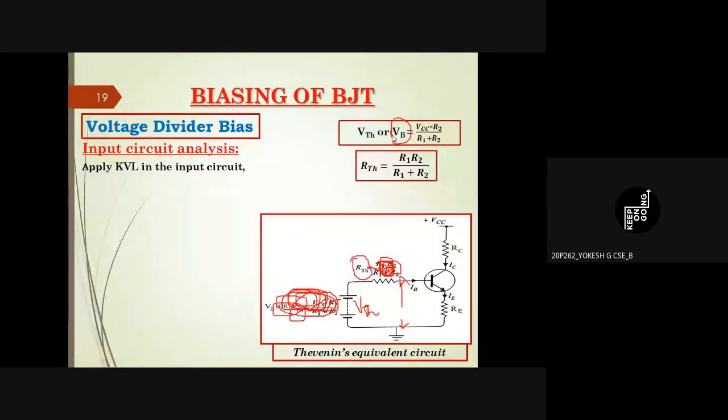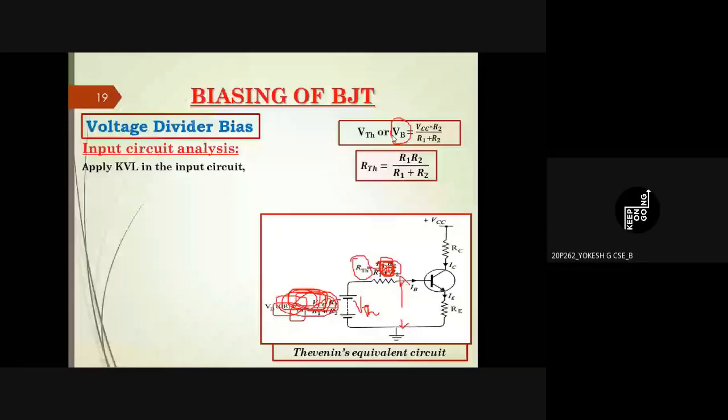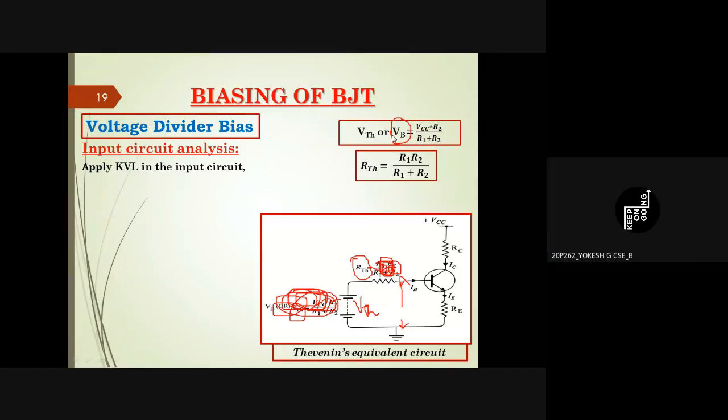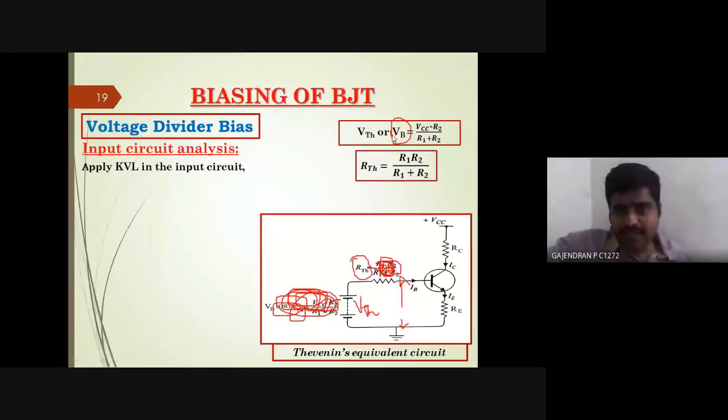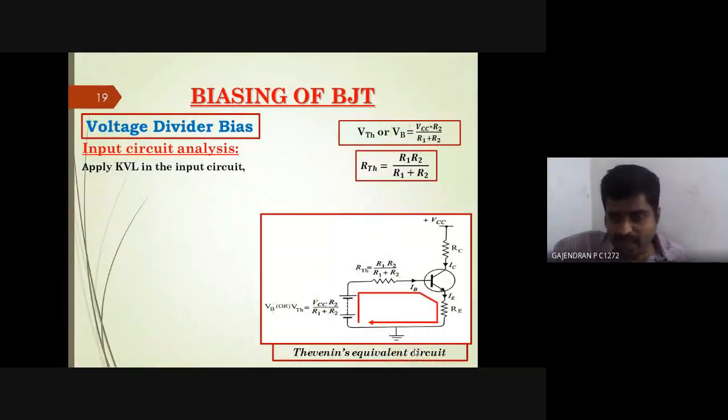VTH to RTH. Okay. VTH, RTH, then RE. RE. Very good. This is the path. This is the closed path. Am I correct? Okay. Now you tell me the KVL equation for this.